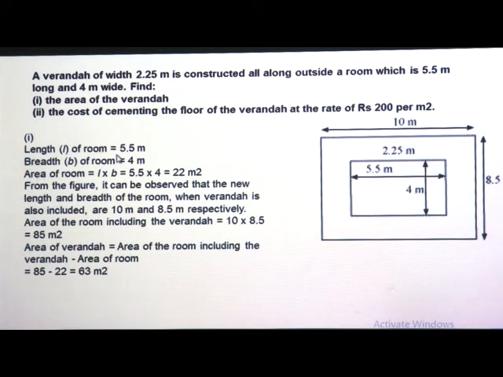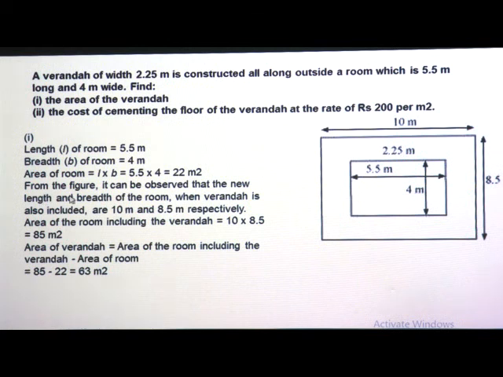The breadth is given to us as 4 meter, which we had shown in the rough figure. The area of the room is equal to, now you know the formula for area, length into breadth. So, the length is 5.5 multiplied by the breadth 4 meter. After multiplication the product is 22 meter square.